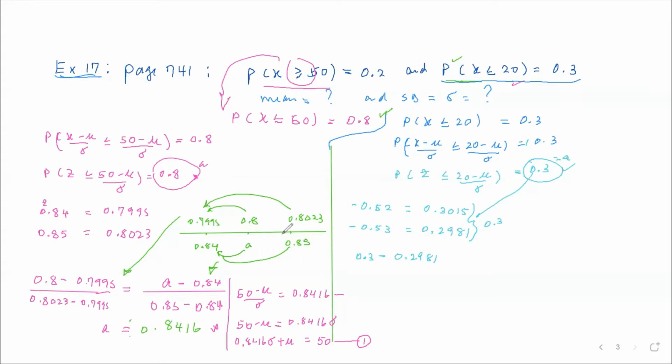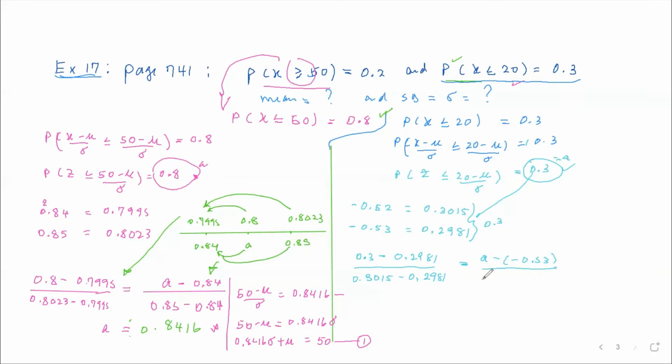You can draw the number line like this if you want, and then over 0.3015 minus 0.2981. Because 0.3 is A, right? So A minus 0.2981 is what? Negative 0.53. So minus 0.53 over 0.3015.